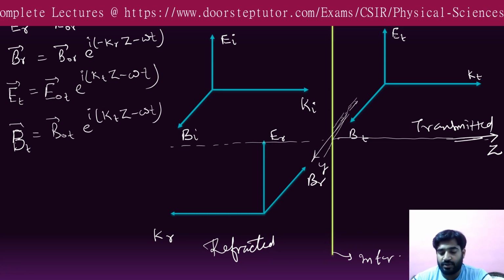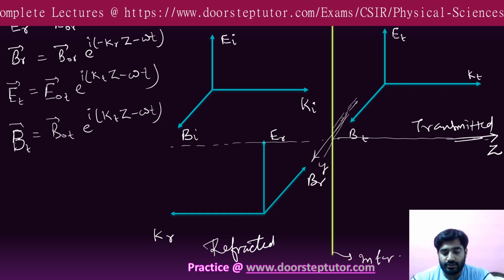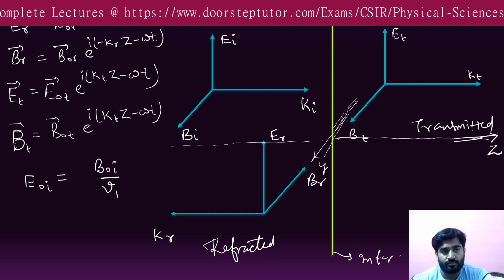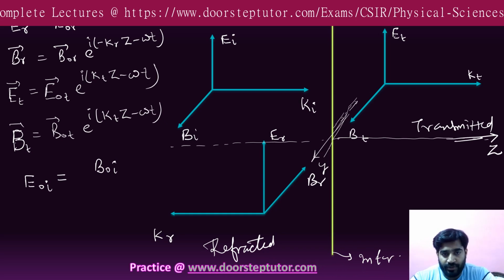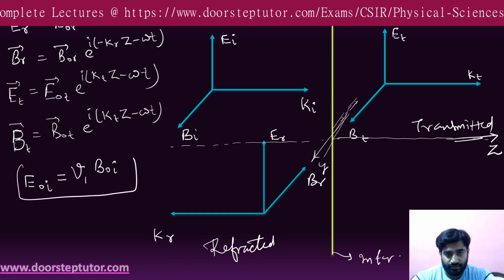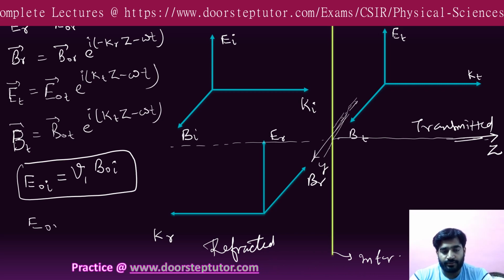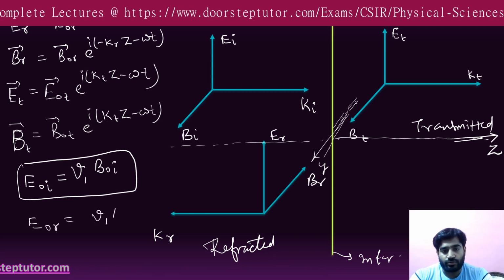And obviously there is a relation between E and B. For the incident wave, E naught incident is equal to v1 times B naught incident, where v1 is the velocity for medium 1. Similarly, E naught r is equal to v1 times B naught r, but with a minus sign, because this is also in the same medium.